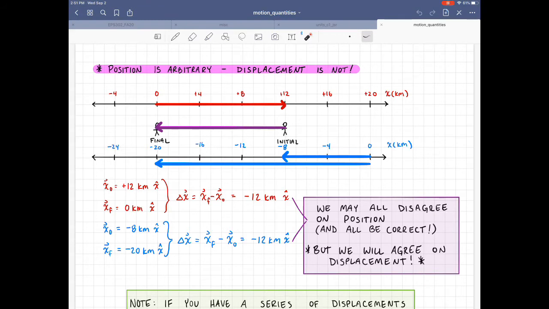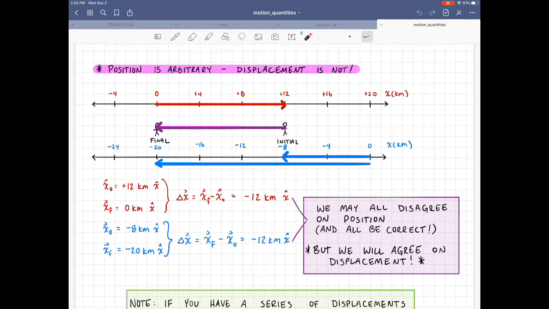Now, I'm at the exact same location in the blue coordinate system, but you'll notice that I've set my origin way over here, and so my initial position in the blue coordinate system is minus 8 kilometers in the x-hat direction. Right, so the positions are not consistent between these two coordinate systems.